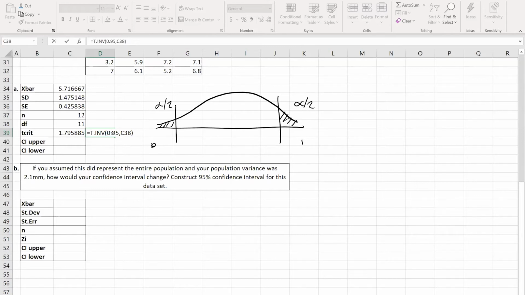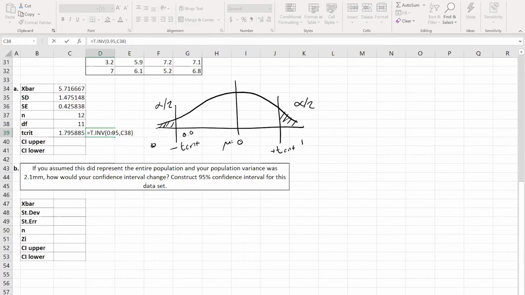This alpha over 2 for the lower half below the mean of 0 would be negative. This would be our negative t-crit. Above the 0, we'd get a positive t-crit. At this point on the number line, our alpha would be 0.00.